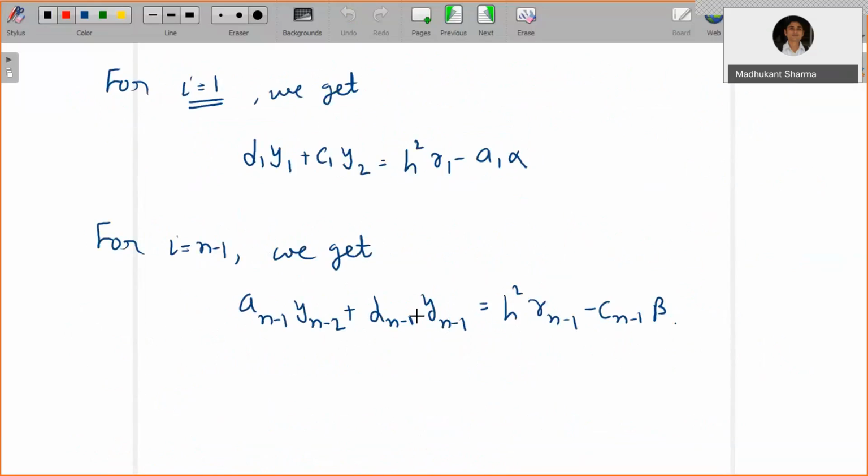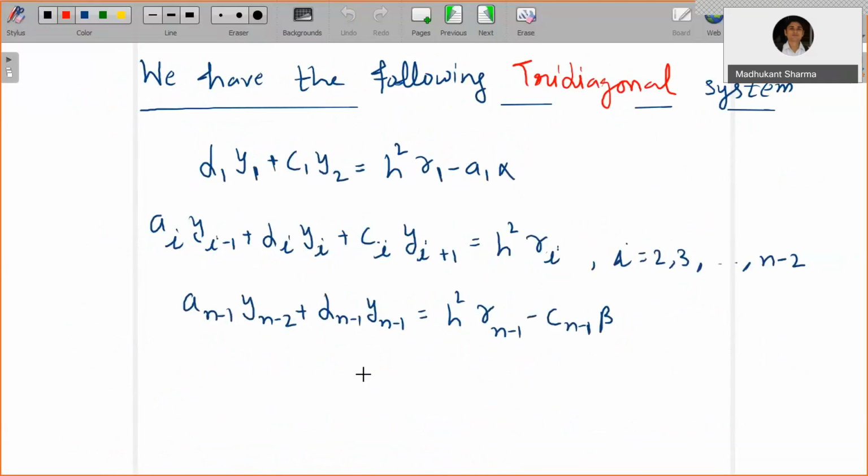Now you have n minus 1 equations in n minus 1 unknowns. Now keep all these things, and then write the equivalent matrix form. So these are the following three equations now. For i equals 1, you have the first equation. From 2 to n minus 2, you have the following equation, and for the last one i equals n minus 1.